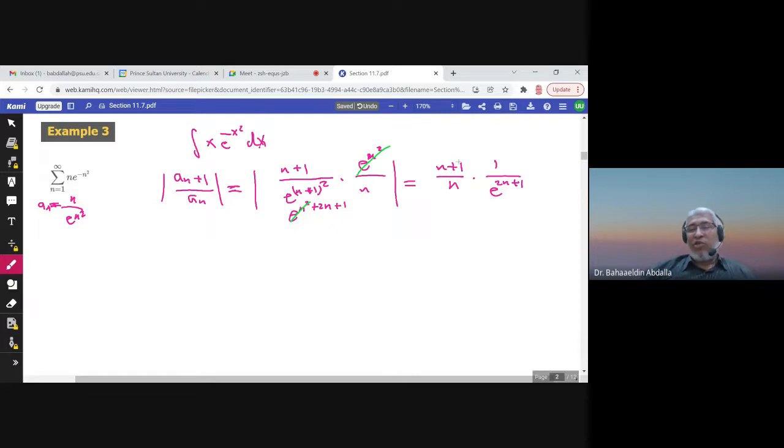And when I take the limit when n goes to infinity, the limit of n plus 1 over n is 1, but the limit of 1 over e to the power 2n plus 1 is 0 because e to the power infinity is infinity, 1 over infinity is 0, and 0 is less than 1. So by ratio test, this series is absolutely convergent.